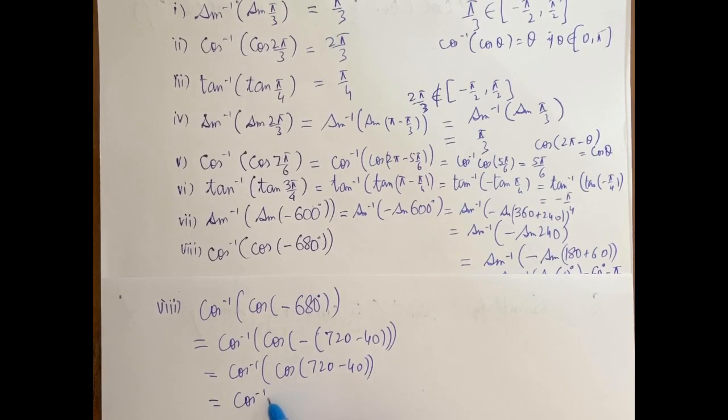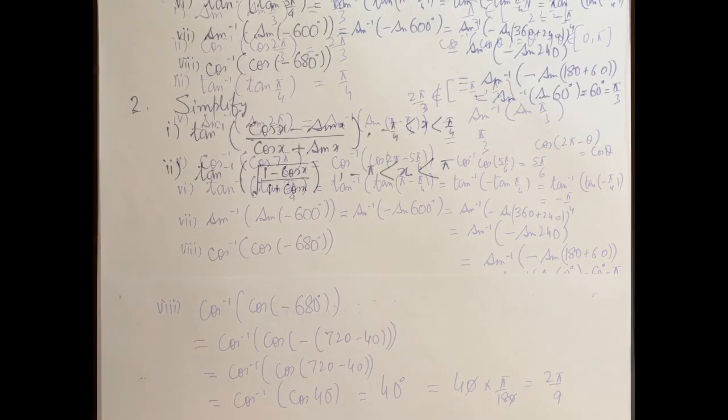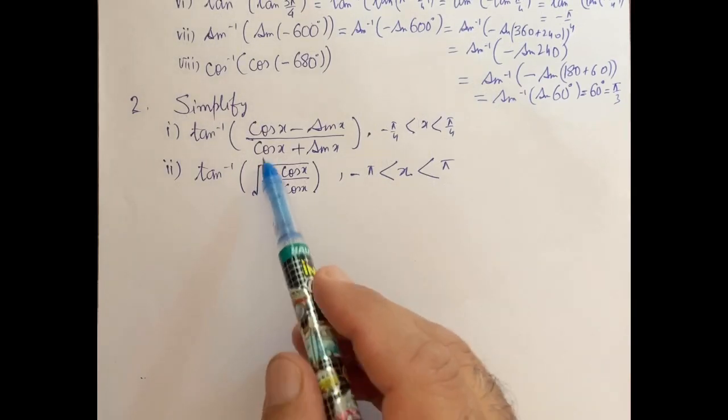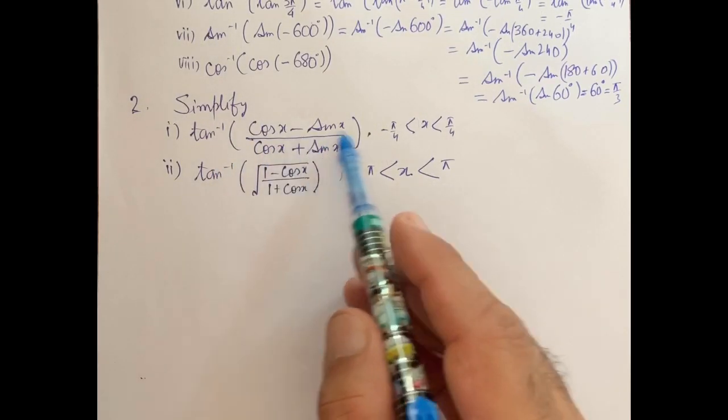This is cos inverse of cos of 40 degrees, which is 40 degrees, and this can be written as 40 degrees into pi by 180. This will cancel out, so this is 2 pi by 9 radians. This is the answer.